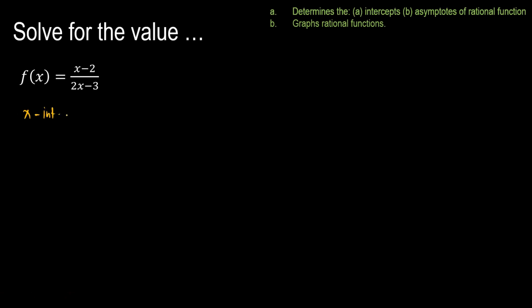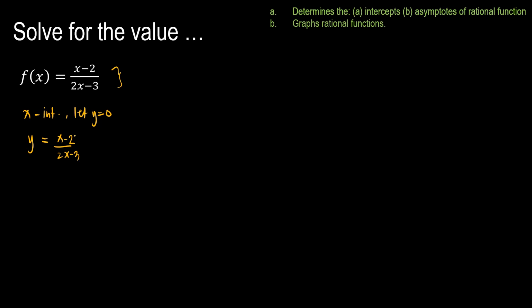So x-intercept, for us to get that, again, let y is equal to 0. So f of x is equal to x minus 2 all over 2x minus 3. We can write that as y is equal to x minus 2 all over 2x minus 3. Again, you cannot simplify this because there is no common factor of the numerator and the denominator.